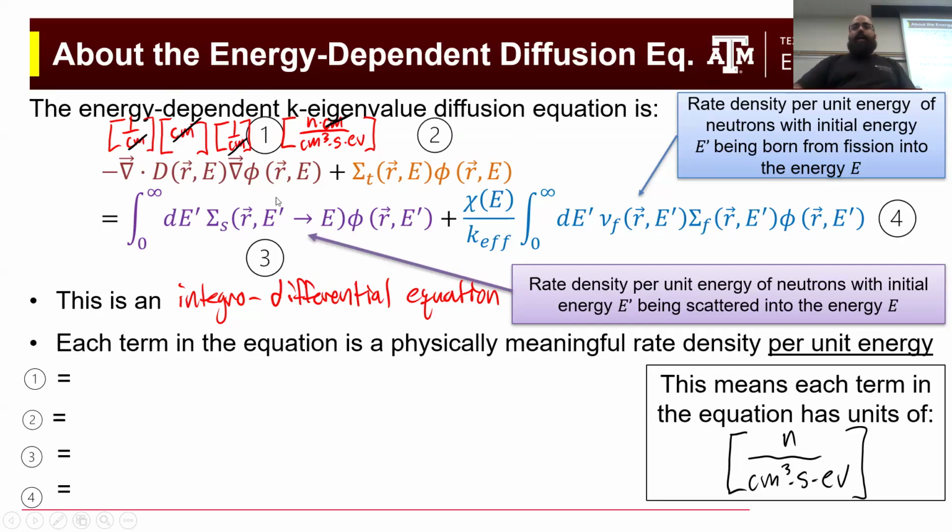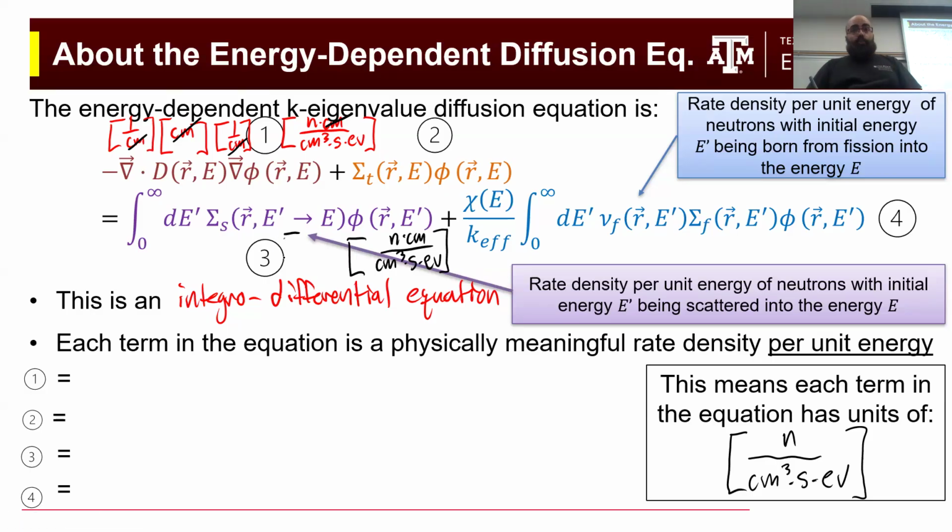This scattering cross-section one is a kind of tricky one, so I'll show that one too. The energy dependent scalar flux again has units of neutron path length per unit volume per unit time per unit energy. The sigma s, the scattering cross section, going from E prime to E, is like my probability density function times my scattering cross section.